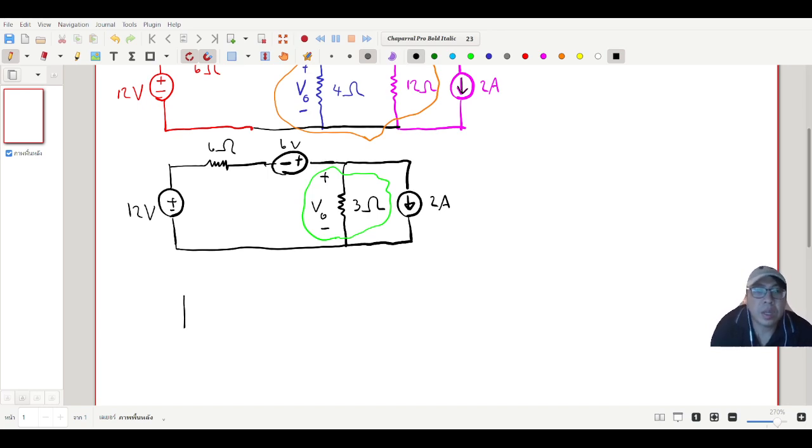This is assuming the current flows from here and here. The inlet is negative and the exit is positive in the direction of current flow. For the next one, the inlet is negative and the exit is also positive. Can you observe that? This is the same direction.